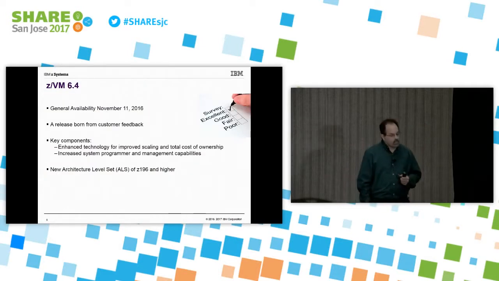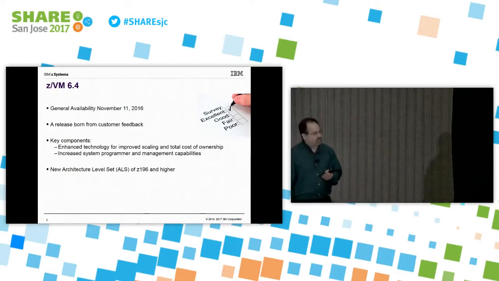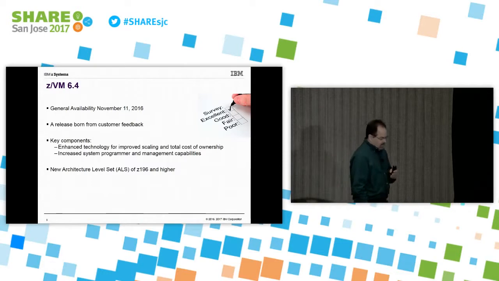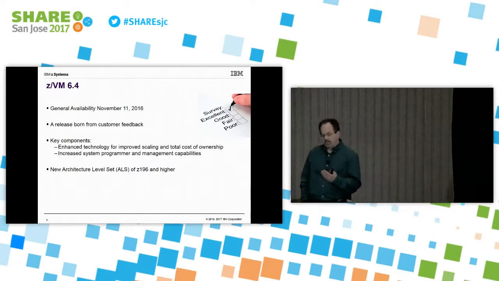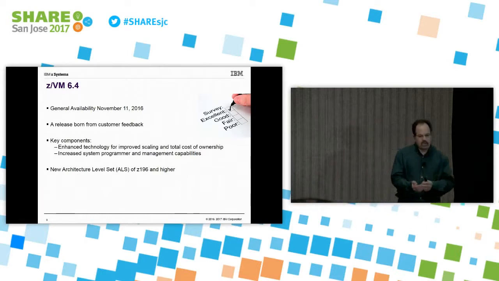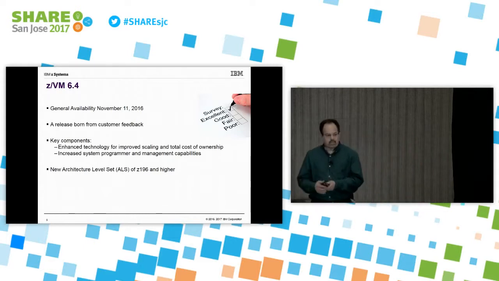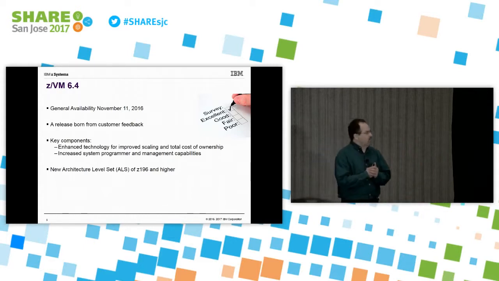Okay. 6.4 became available in November of last year, November of 2016. As Bill talked about in more detail than I will, release born from customer feedback. So from a lot of different sources, help prioritize things we were doing, our list of things to do versus things that customers needed.